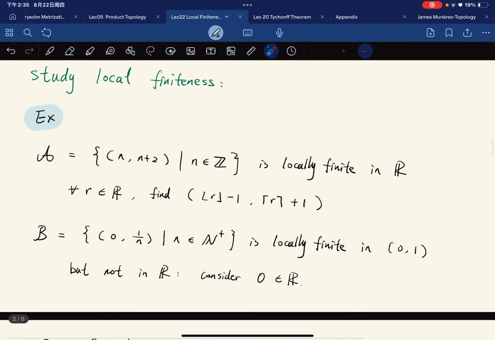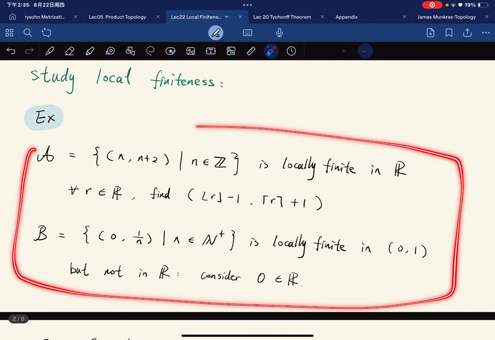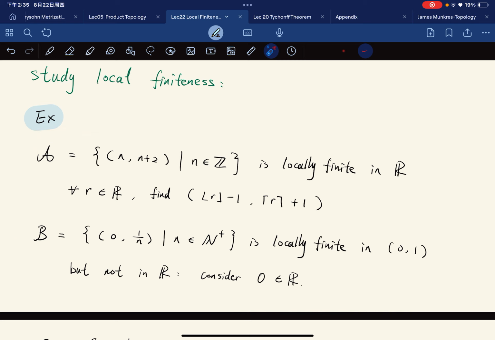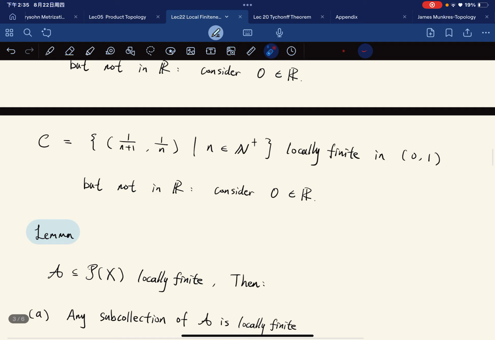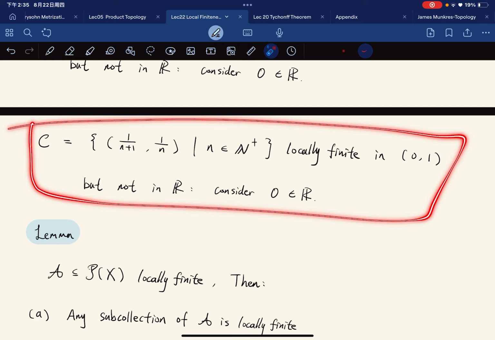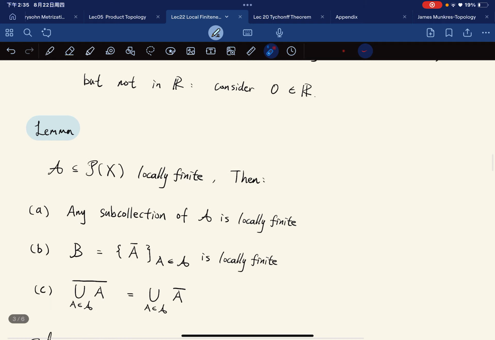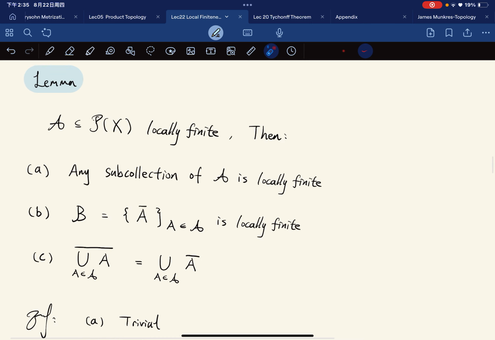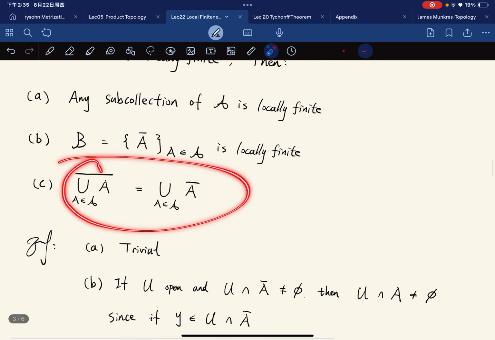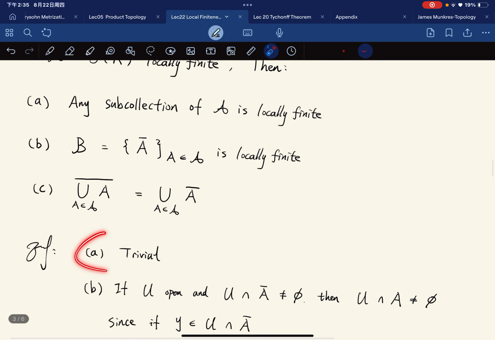So here are just some examples of locally finite sets in R. And this one is also the same. We have a lemma: if a collection A is locally finite, then any sub-collection is locally finite, the collection of the closures is locally finite, and then the equality of the union of closures holds. Part A is trivial.